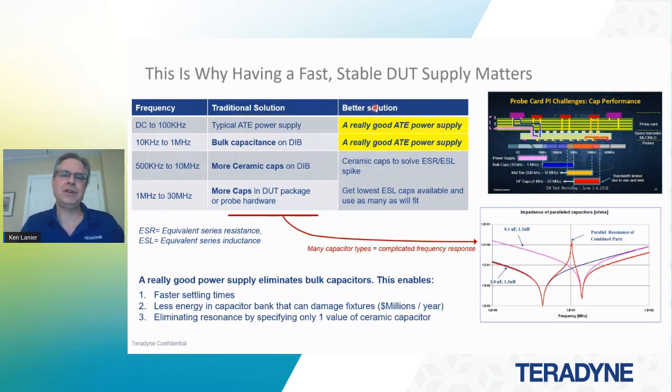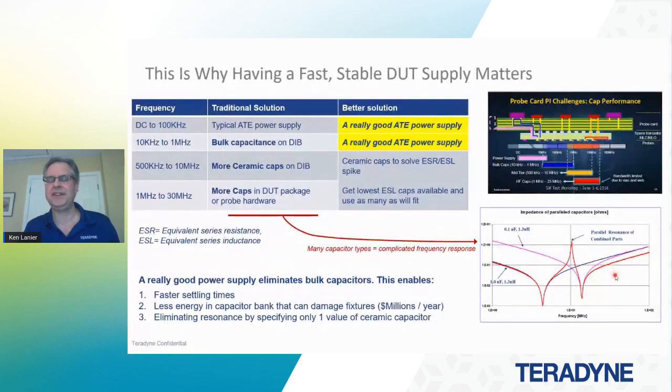Because if you have a really good power supply, in this case, really good means it's fast and very accurate, you get to eliminate bulk capacitance, and you can generally limit yourself to one type of capacitor on the DIB to handle the remaining needs. If you have to put multiple types of capacitors in the path, the problem, of course, is that you get different resonance frequencies.